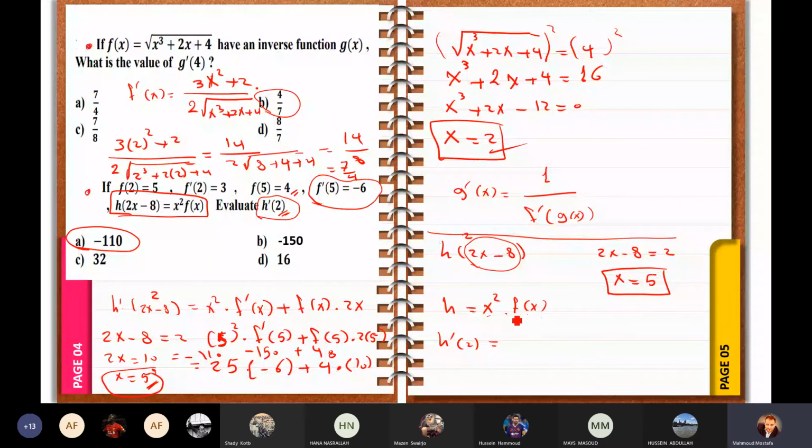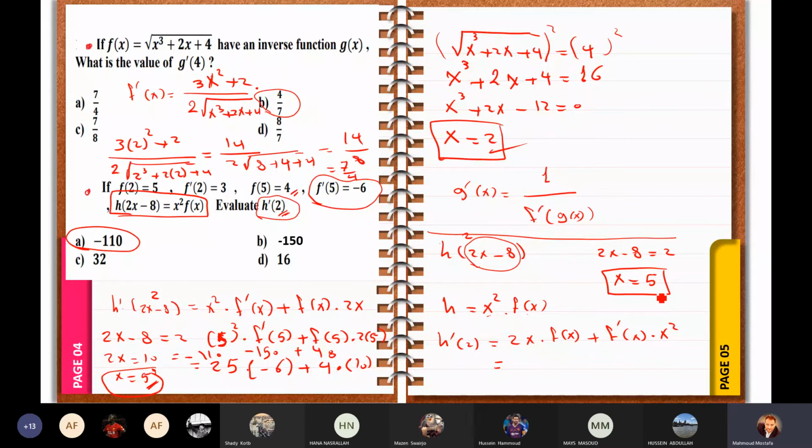So the product rule will be what? u prime 2x multiply v f of x plus v prime f prime of x multiply by x squared. Of course, order here doesn't matter because it is plus and multiplication.